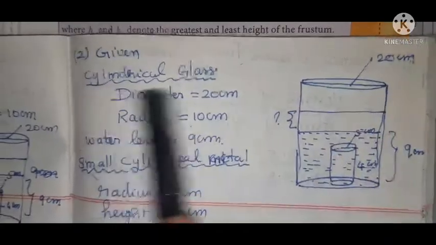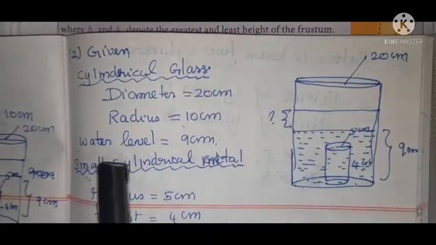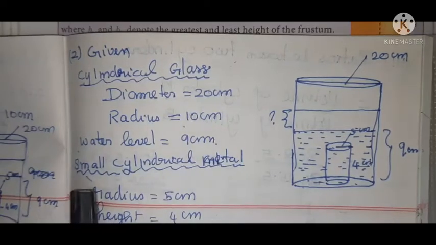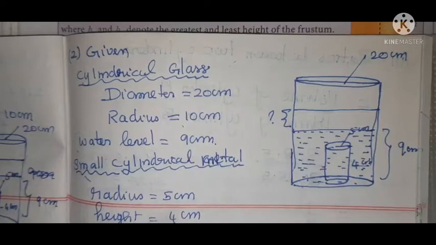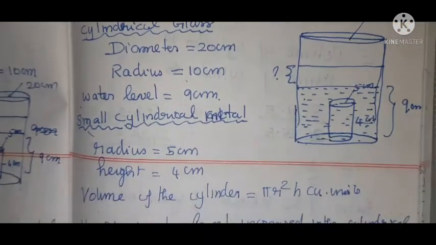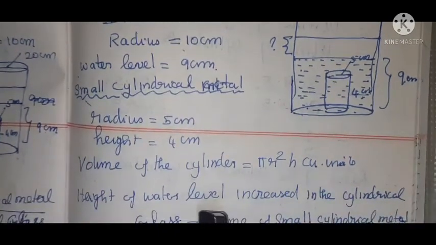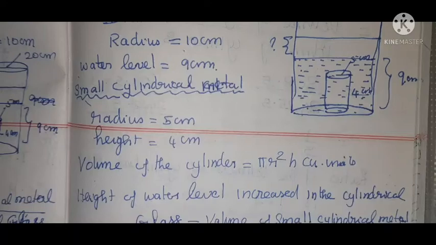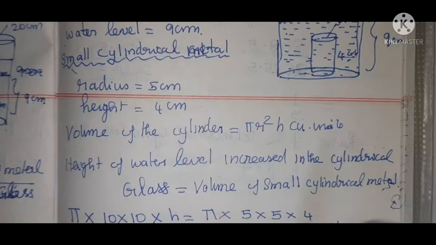Cylindrical glass, diameter 20 cm, radius 10 cm. Water level 9 cm. Small cylindrical metal, radius 5 cm, height 4 cm. Volume of the cylinder is pi r square h cubic units. Height of water level increase in the cylindrical glass is equal to volume of small cylindrical metal.